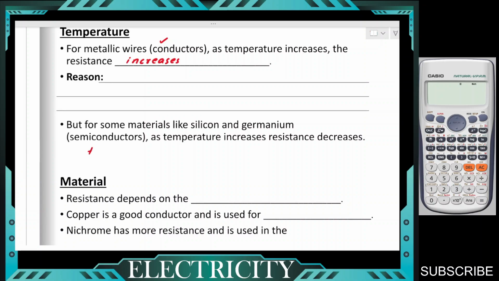An example of a semiconductor device is the thermistor. For these materials, it is exactly the reverse case. So what does that mean? If you increase the temperature, the resistance would decrease. For example, this happens in the thermistor.